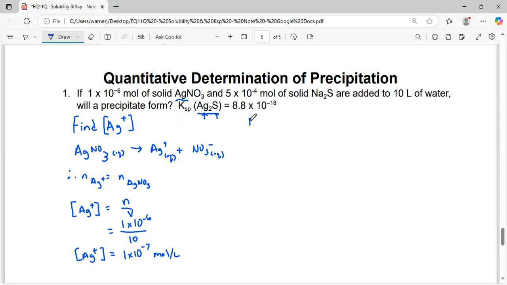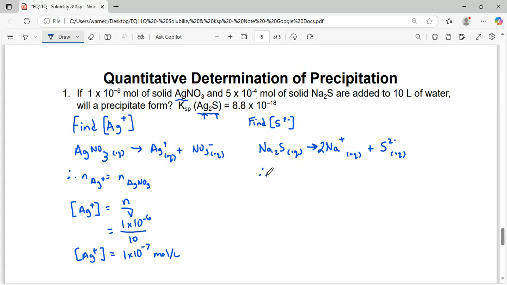Right? The next thing I want to do is find the sulfide, because I know the sulfide is the other piece that I need. So again, I'm going to look at how this dissociates. Na2S, if I put it in water, is going to dissociate into sodium ions and sulfide ions. I know there's 2 sodium ions based on how that balances, but the sodium isn't really what I'm worried about, it's the sulfide.